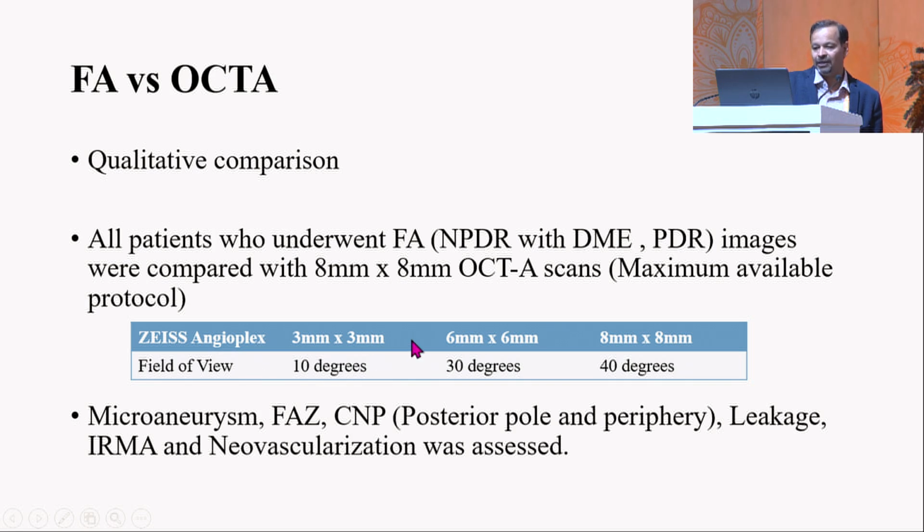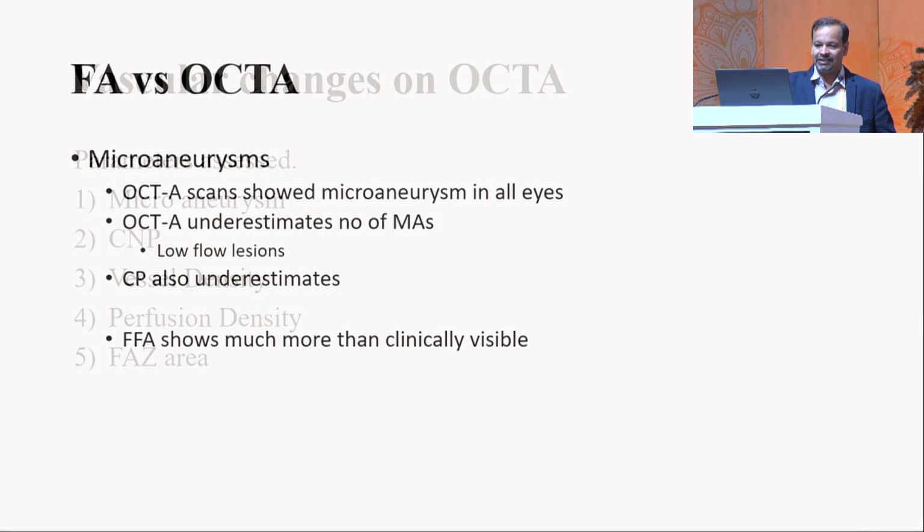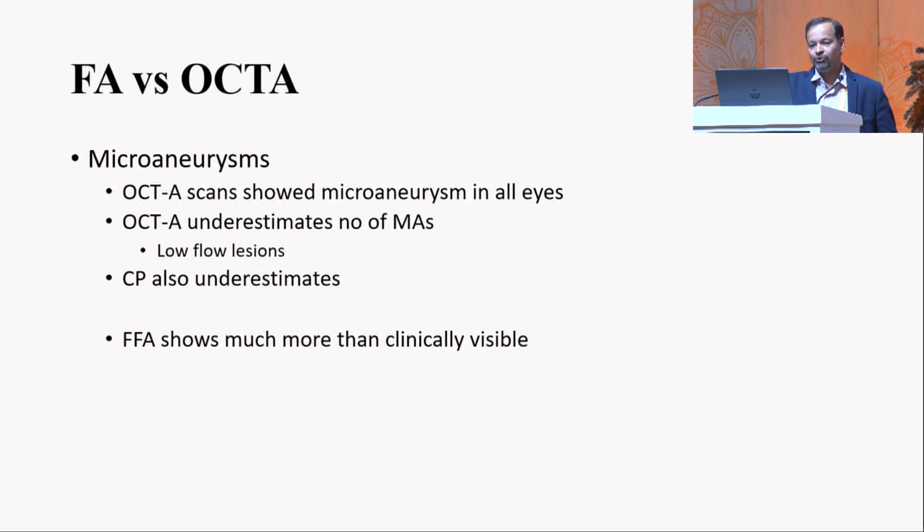It gives us 3x3, 6x6 and 8x8, and for this study we used 8x8 OCTA images. We assessed various changes of diabetic retinopathy: microaneurysms, size of FAZ, capillary non-perfusion areas, leakage, IRMAs and neovascularization. I'll show you how OCTA fared compared to FFA in these eyes.